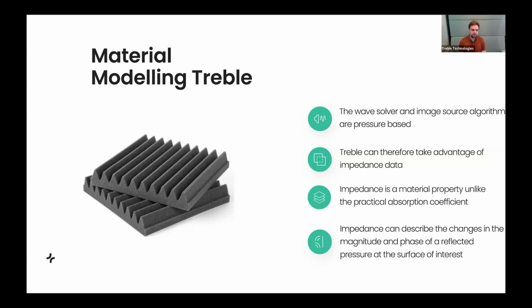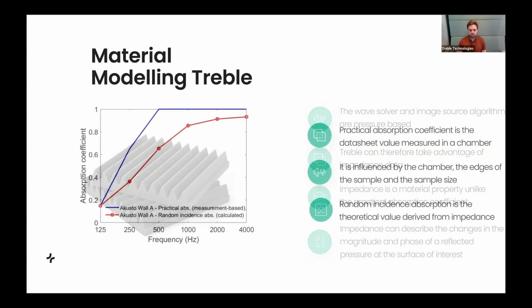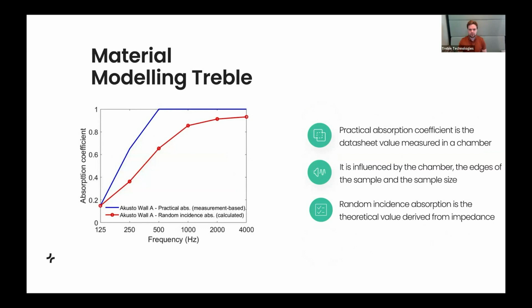By using reflected phase information, we can accurately model constructive and destructive interference when the wave propagates around the room. So accurate material modeling is important for us, and impedance data is more accurate than the data we can get from absorption coefficients themselves.